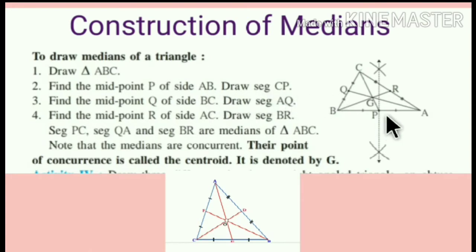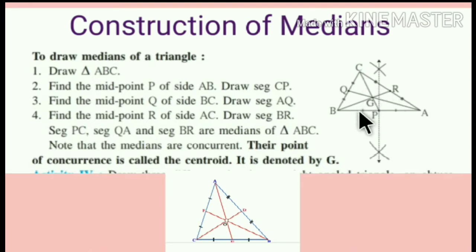Here is the side AB and the midpoint of this AB is P. The midpoint is found by the perpendicular bisector, that is, the side is bisected and we get the midpoint, and we join this midpoint to the vertex, that is C. Here C is the vertex and the opposite side is AB, so join the point P with the vertex C and we get the segment CP.